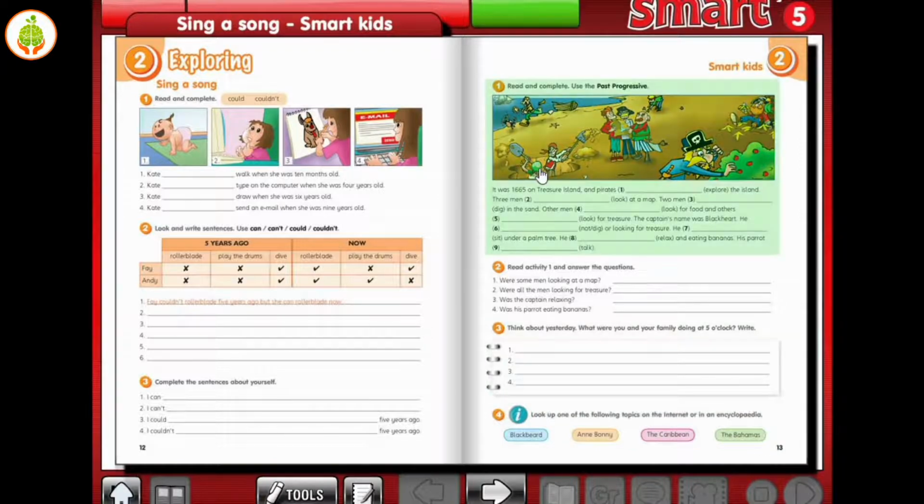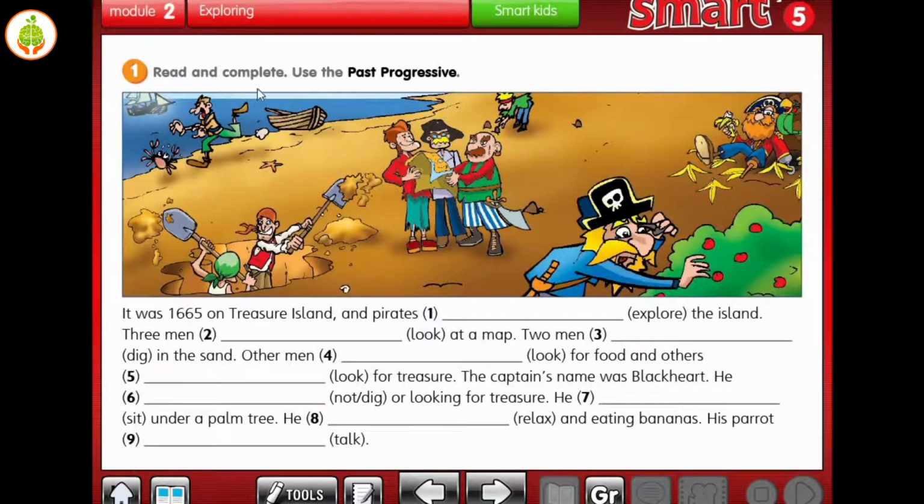Page 13. All right. Read and complete. Use the past progressive. Okay, this is grammar. It's related to grammar. We have to use past progressive. So, do you remember how we use past progressive? It's very simple.